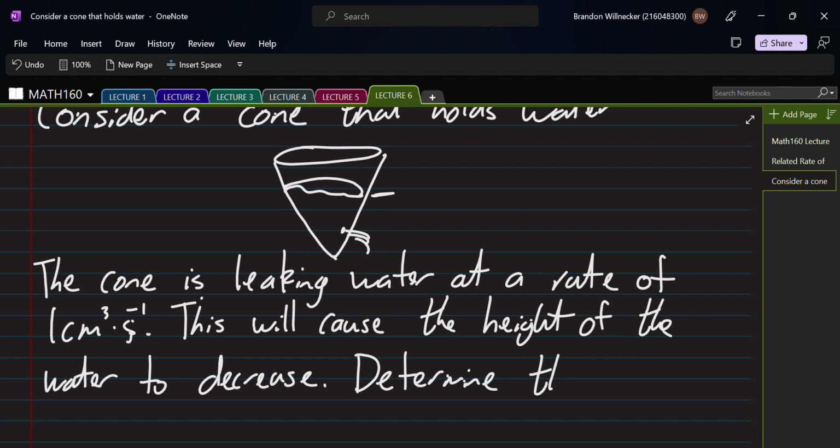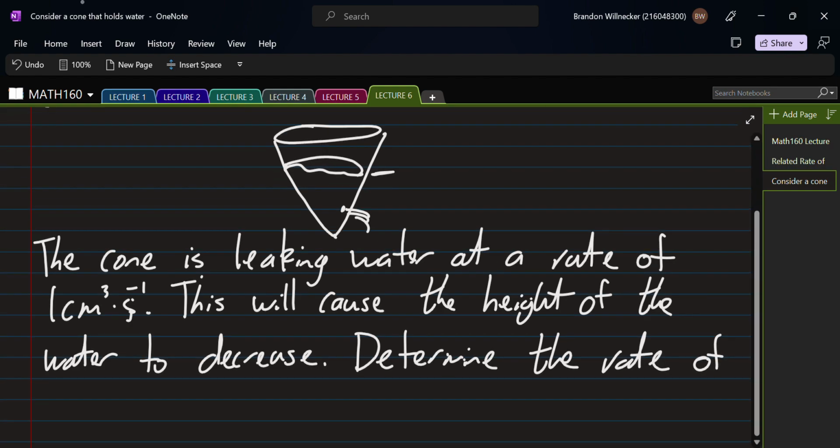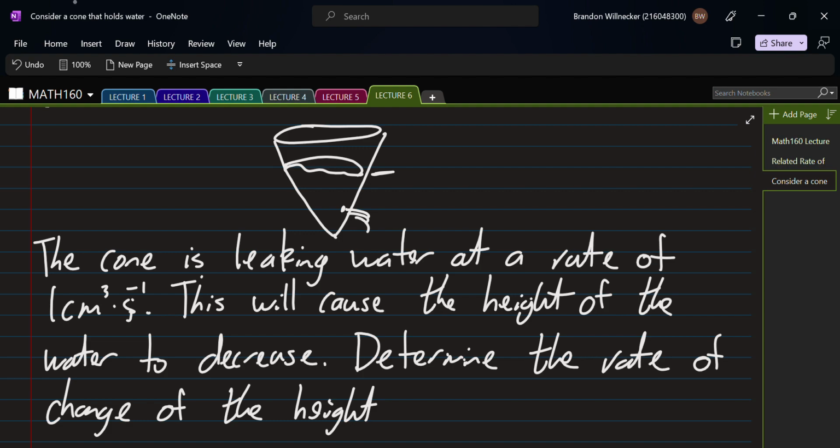Determine the rate of change of the height at height h. So we've got this cone of water. Water is leaking out at this rate of 1 centimeter cubed per second. We know that as the water goes out, the height of the water will decrease. We want to determine the rate of change of this height at some given height.